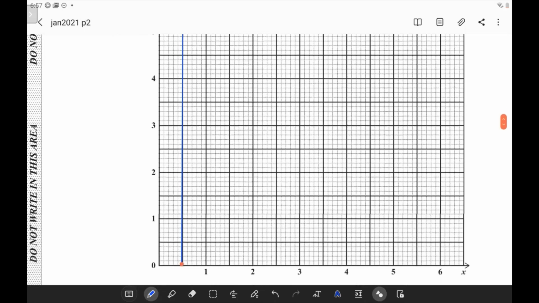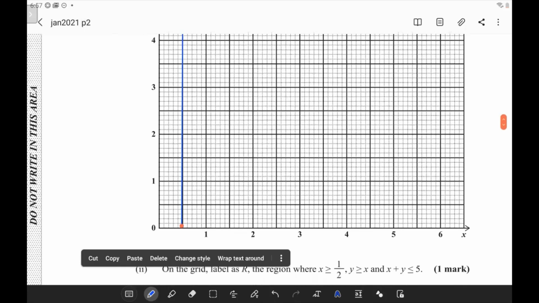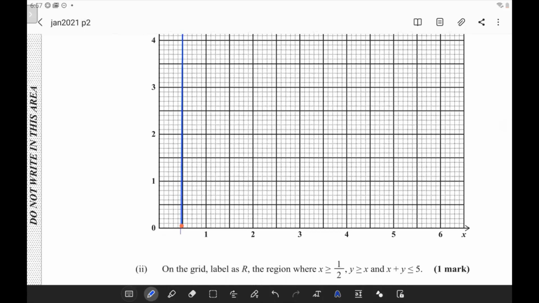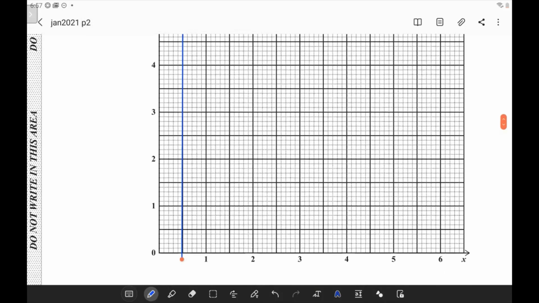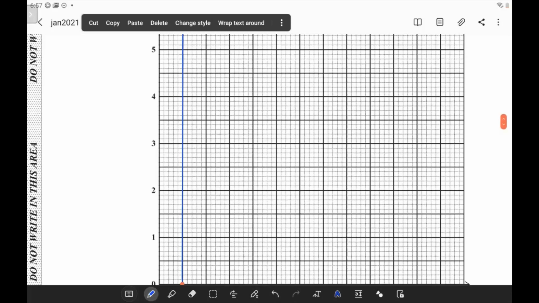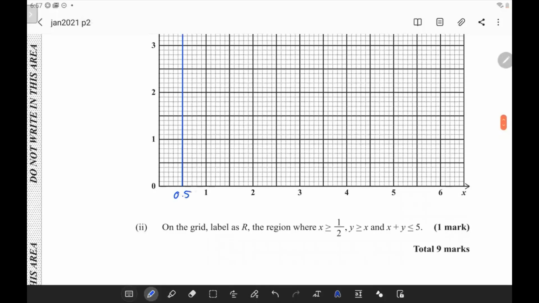So that's x equal a half, because this is exactly the point 0.5 here.